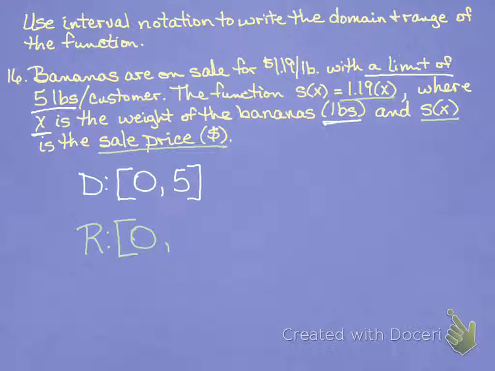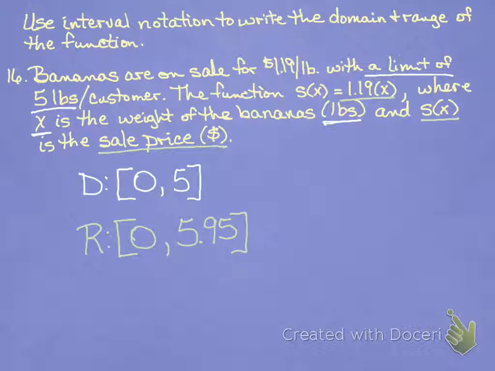Then the amount I spend when I buy 5 pounds is $5.95. Again, 0 is included in that, so it's a square bracket, and $5.95 is included in that, so that is also a square bracket.